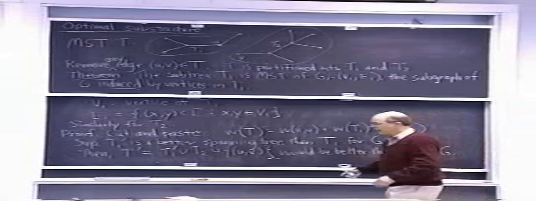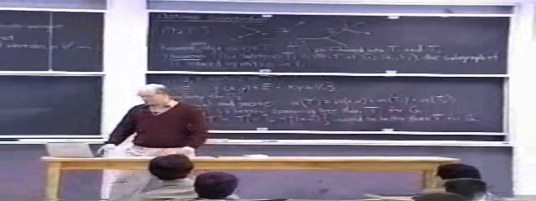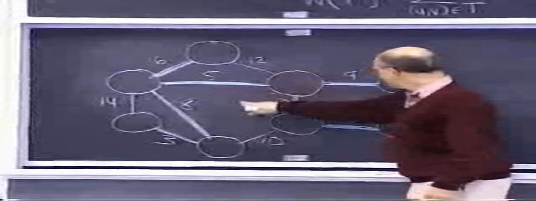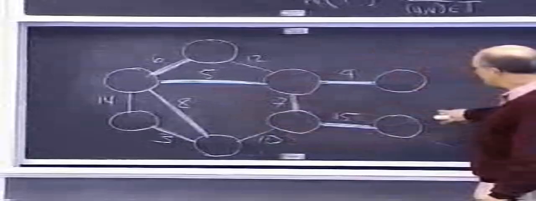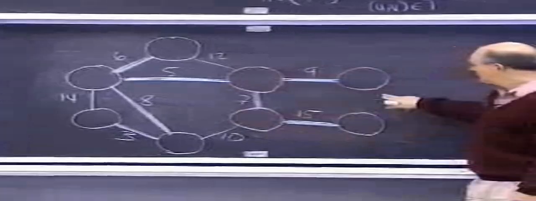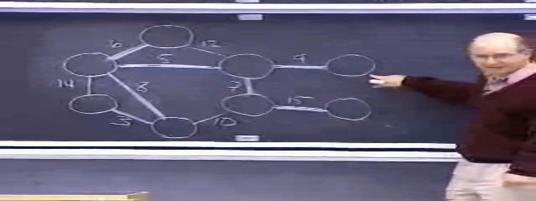Okay? And so we can apply this theorem over here, for example, and say, well, let's remove this edge, for example. Okay, is this the best way of connecting up then these 4 vertices, which are all connected? Well, there's only one way of connecting up these 4 vertices.